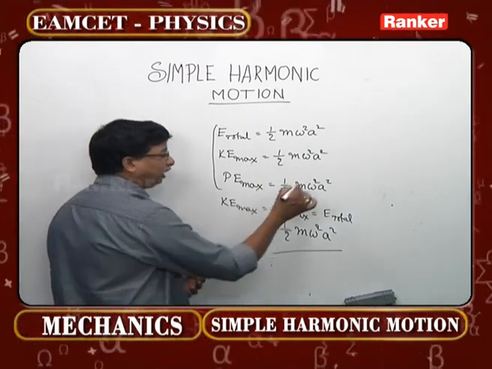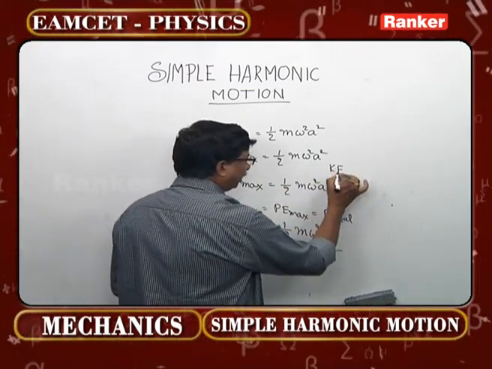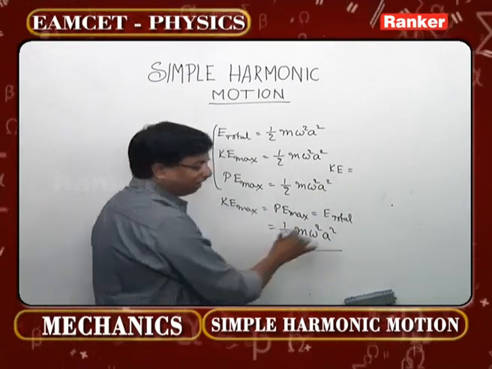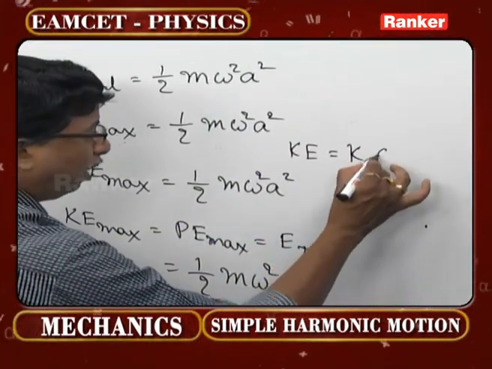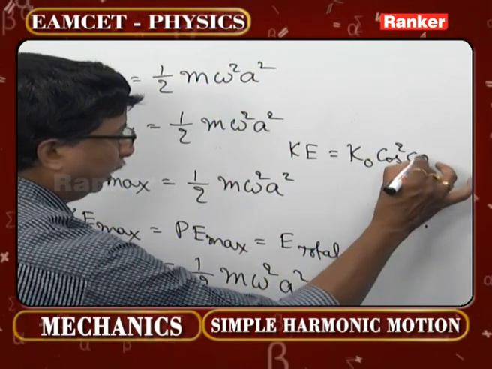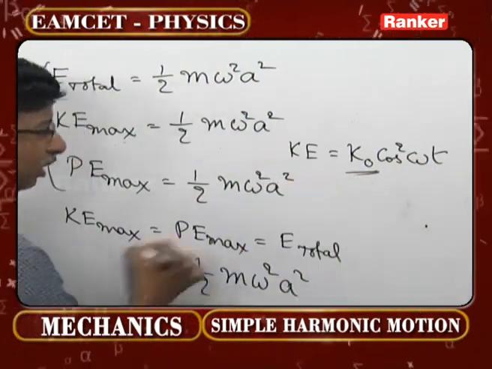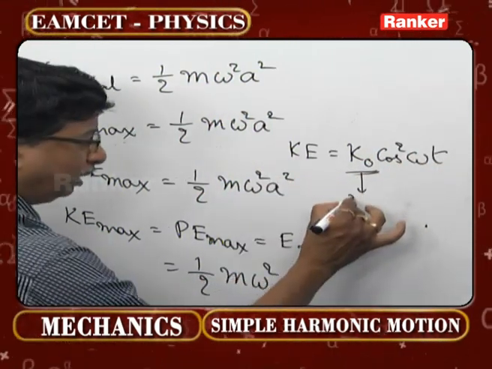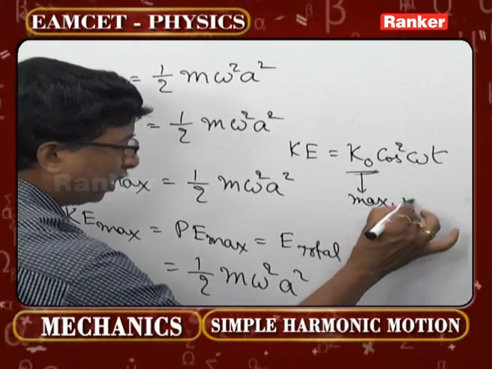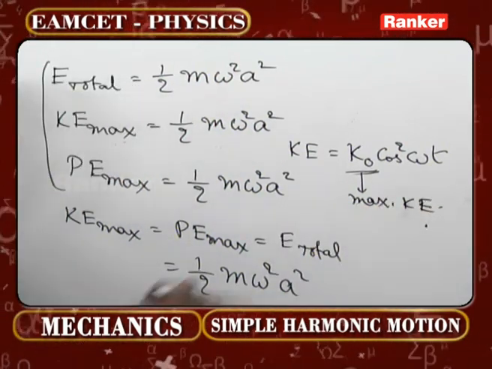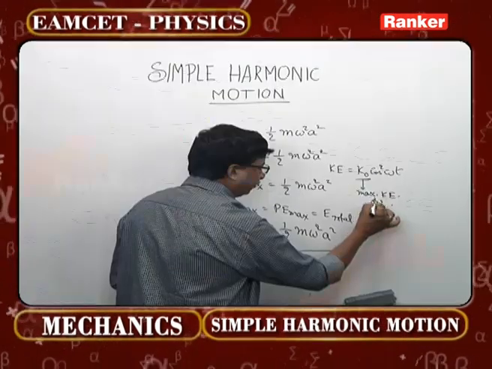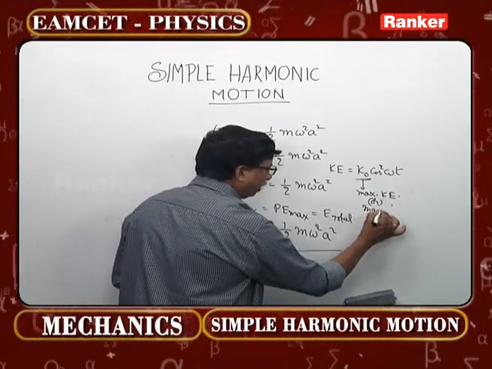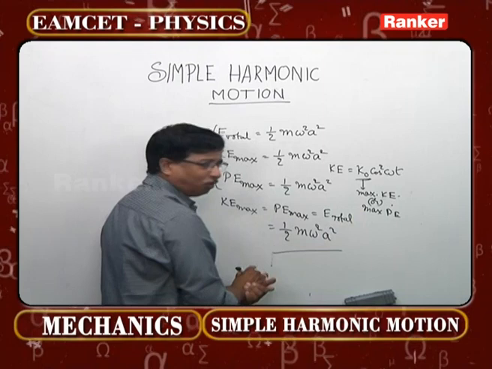Now you see the given equation, kinetic energy is equal to K0 into cos square omega t, that is the formula. In fact, what is this K0 to be called? It is called maximum kinetic energy. When this is called maximum kinetic energy, can't you just call the same as maximum potential energy also?